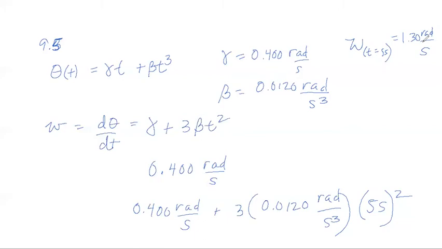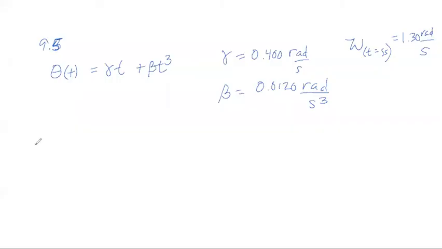Now, for my omega average, this is going to be delta theta over delta t. Let me pause and get myself some board space.